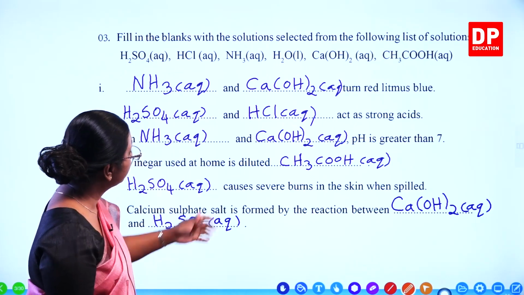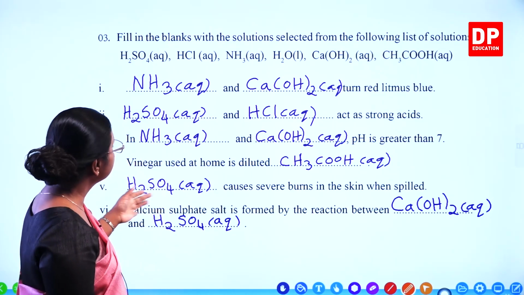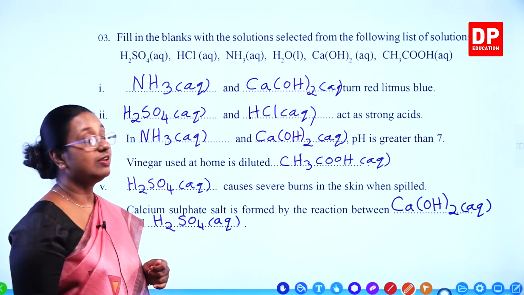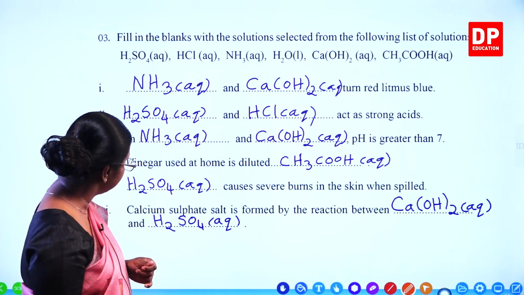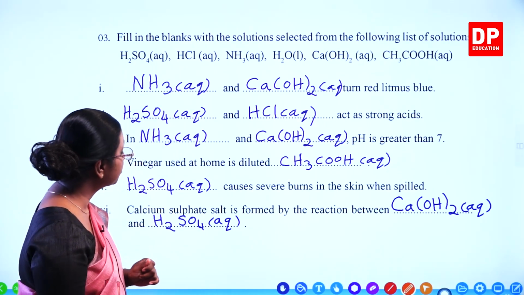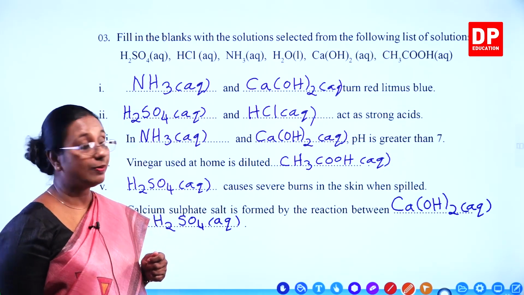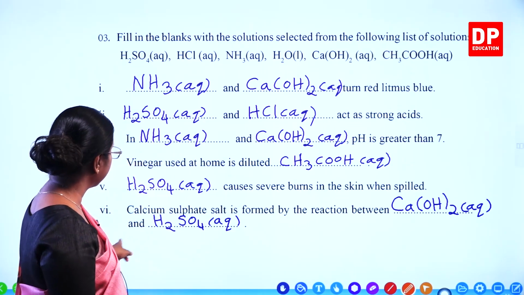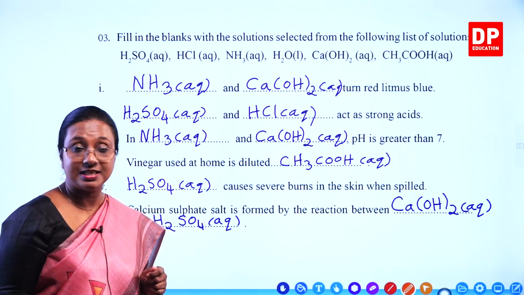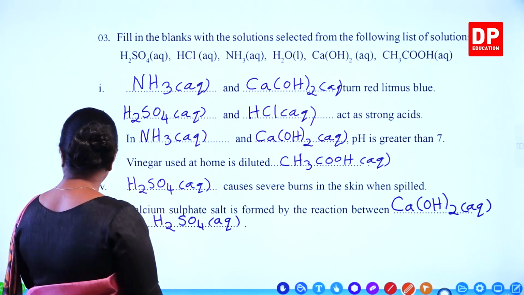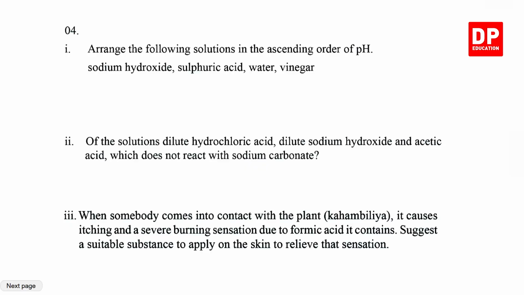Vinegar used at home is dilute acetic acid. Sulfuric acid causes severe burns in the skin when spilled, and calcium sulfate salt is formed by the reaction between calcium hydroxide aqueous and sulfuric acid. So with that, I will move on to the next question.